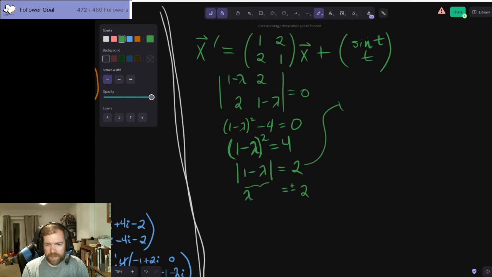We can also make this lambda minus 1 because it's interchangeable at this point. Alright, factor out a negative, and we take the absolute value of that negative. So here we get lambda is going to be 1 plus or minus 2.